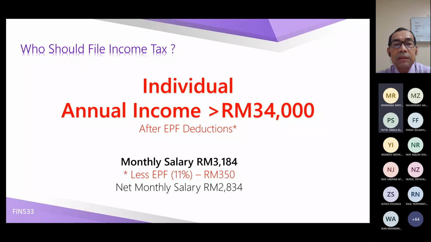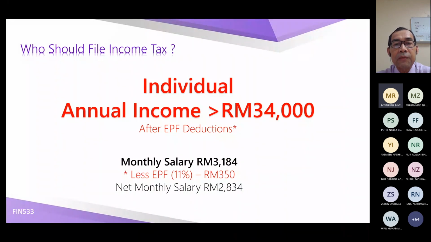So this is an example of a person who is required to file income tax. That income could be, later we'll discuss, not necessarily salary. It will include bonus, allowance, rental and other things.